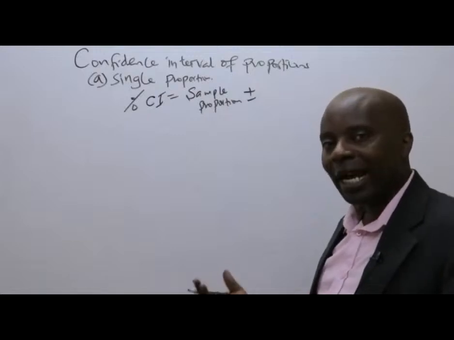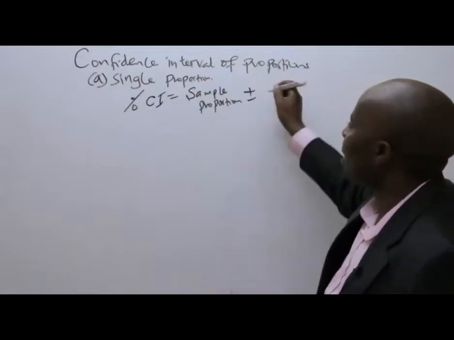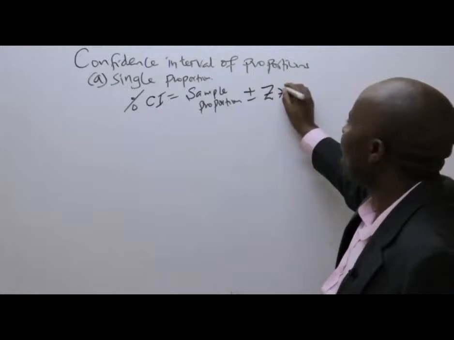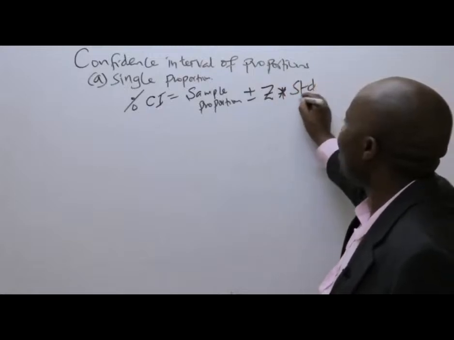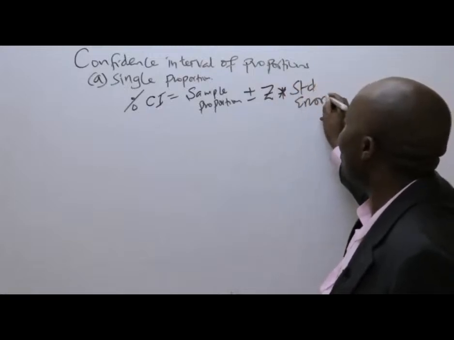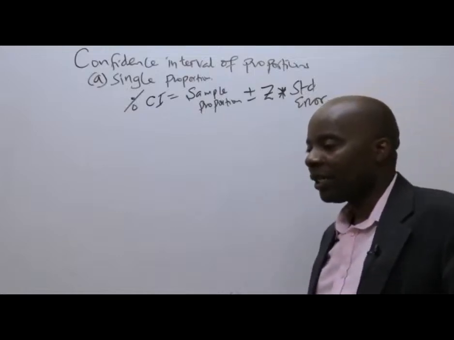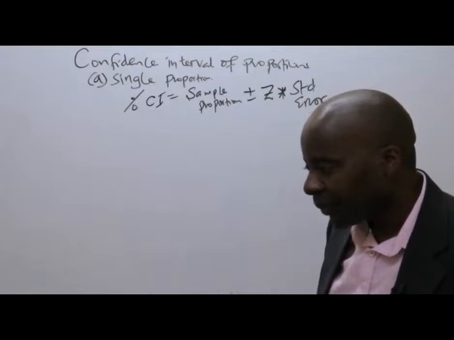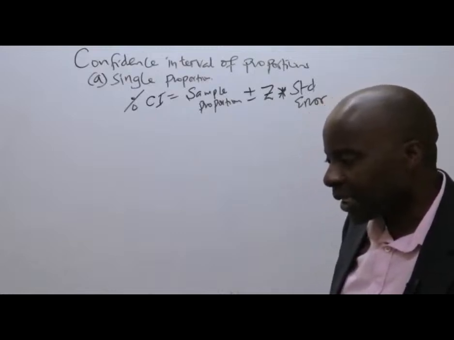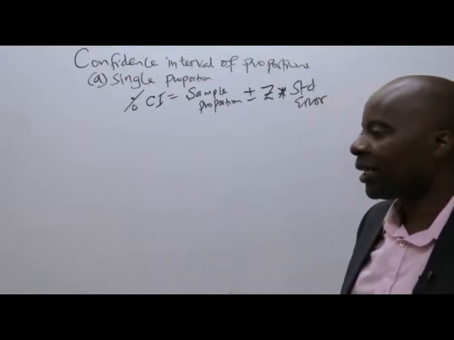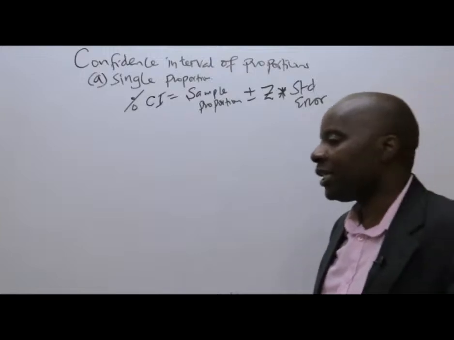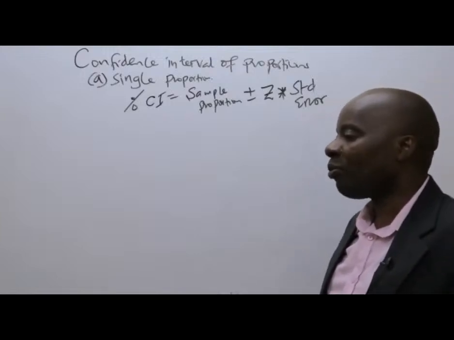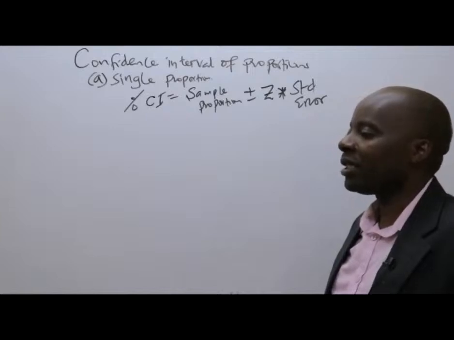For now, we are looking at large samples, so the test statistic will be Z. So Z times what we call the standard error. Z times the standard error. So the percentage confidence interval equals the sample proportion plus or minus Z times the standard error.